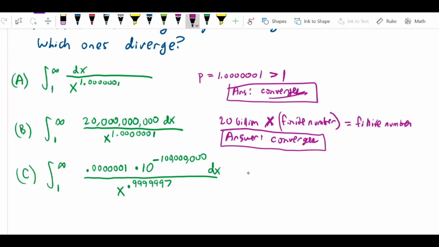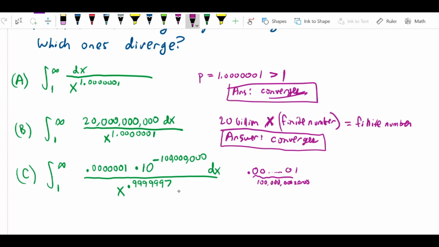This is going to be 0.00 dot dot dot 01, where here we have 100 million zeros before we get to the 1, and then for good measure we're also going to multiply it by 0.000001, thereby adding another 7 zeros, because that's going to make a difference. So we have 100 million and 7 zeros before we get to the 1, and then we're going to multiply that by the integral of 1 over x to the 0.9999997.